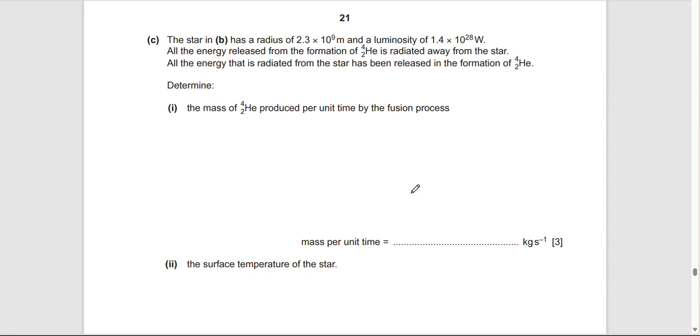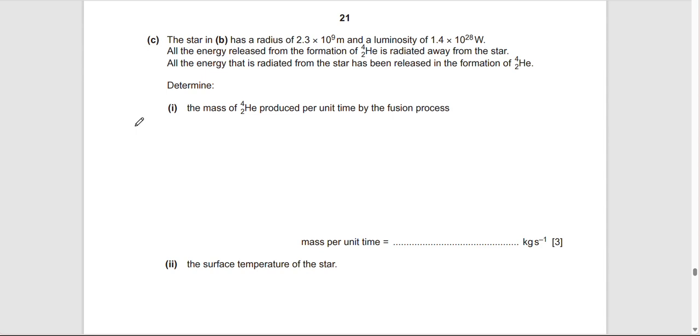Okay, so what you're supposed to do here first is to calculate the number of atoms produced per unit time. That is the first thing that we're supposed to do for this particular question.